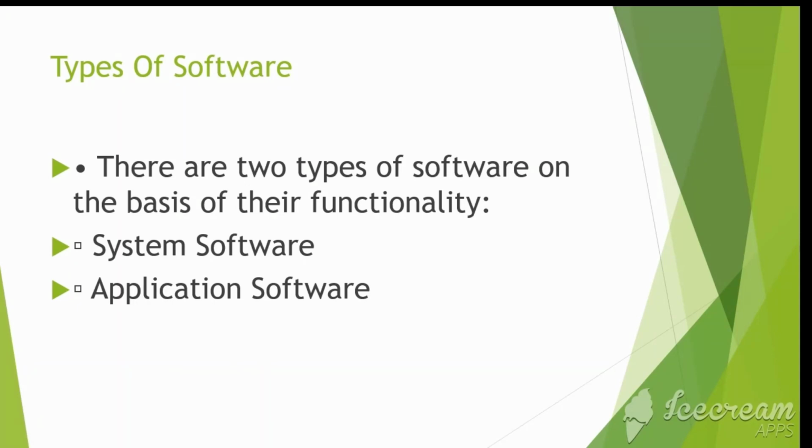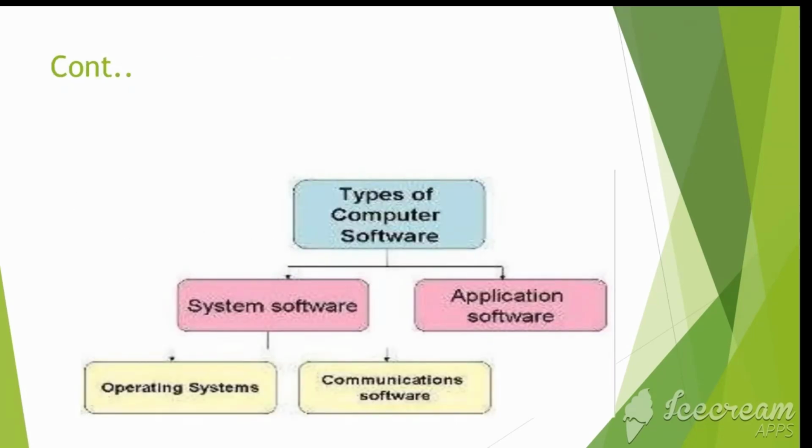So let's dive into the types of software. There are two types of softwares on the basis of their functionality: system software and application software. Here is a diagram that explains how they work.